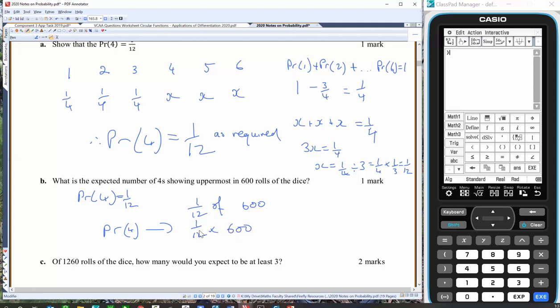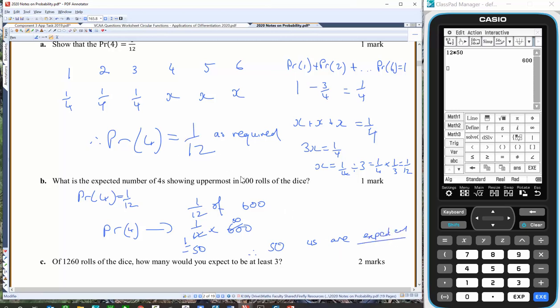Now let's simplify that fraction. So we've got 12 goes into itself once, 12 goes into 60 5 times. 12 times 50, 600, yeah, definitely, equals 50, therefore 50 4s are expected.